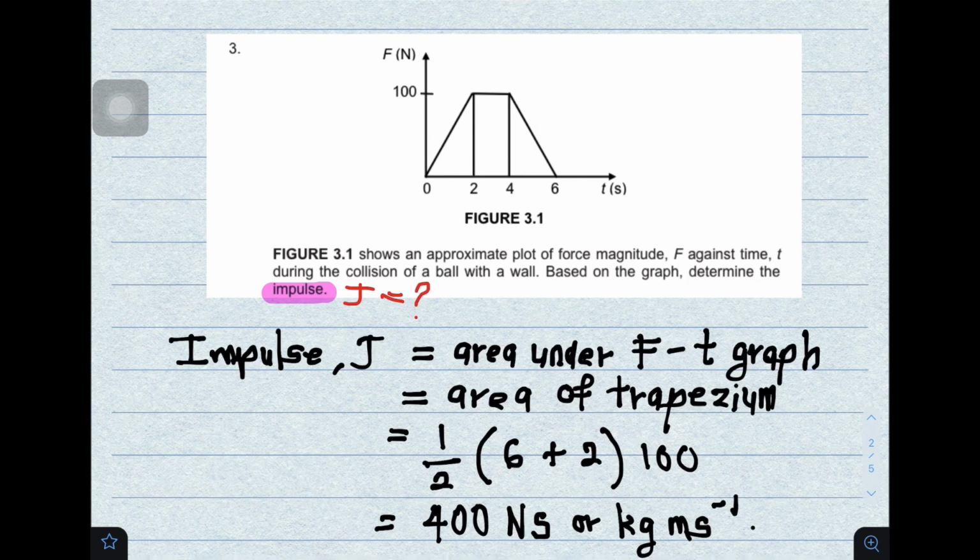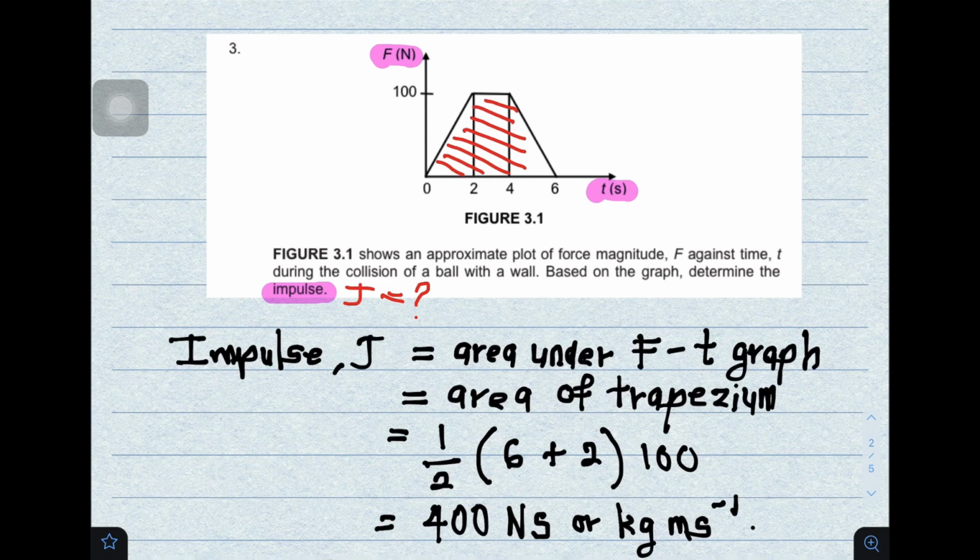From the F-T graph, where the force is in Newton and T is in second, you have the shape of a trapezium. To find the impulse, you need to calculate the area under the F-T graph, where you need to calculate the area of the trapezium.